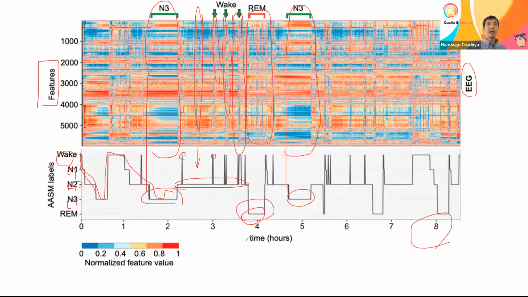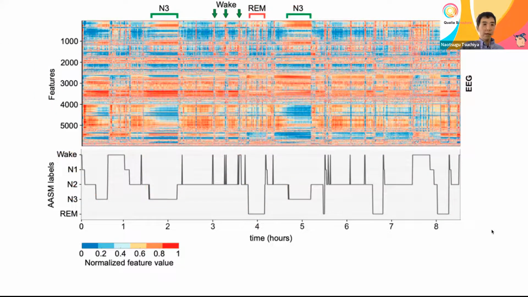Discoveries like this sub-staging structure within REM, or missed wake states during N2, are very important. If you start with deep learning supervised analysis, we cannot do that, so we want to avoid it. But anybody can try that as well. We can come back to that at the end of the presentation, and if you have any question like that, I can take it as well.